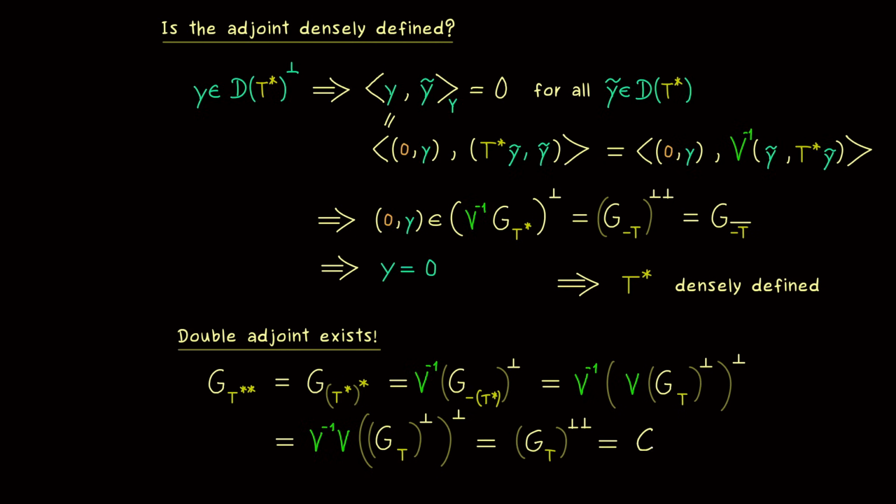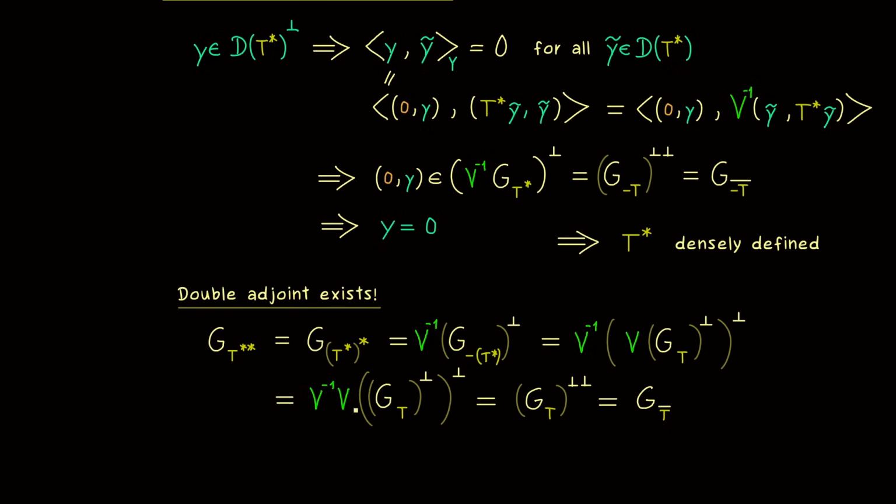And by assumption we already know this is the closure of the graph, which is the graph of the closure of T. So most importantly, here it tells us that the graph of the 2 operators is exactly the same. So by definition, this means that the 2 operators are exactly the same in acting and domain. So we are allowed to write an equality of densely defined operators. And with that, the whole theorem is proven.